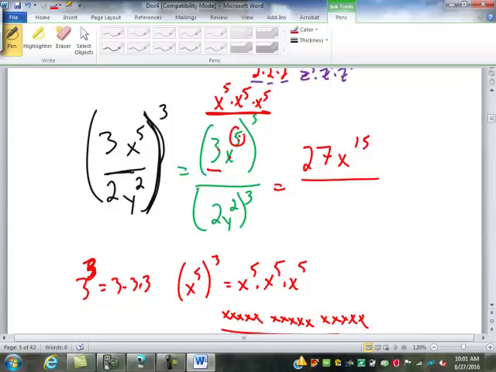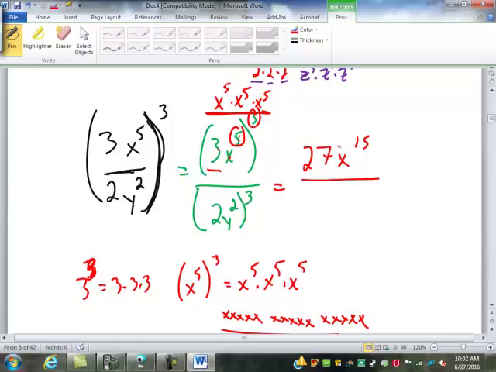So the appearance is that these powers get multiplied. When you're combining two powers, just like when you're multiplying, you add, and you divide, you subtract. Well, when you're taking a power to another power, you multiply. So those powers behave a little bit differently.